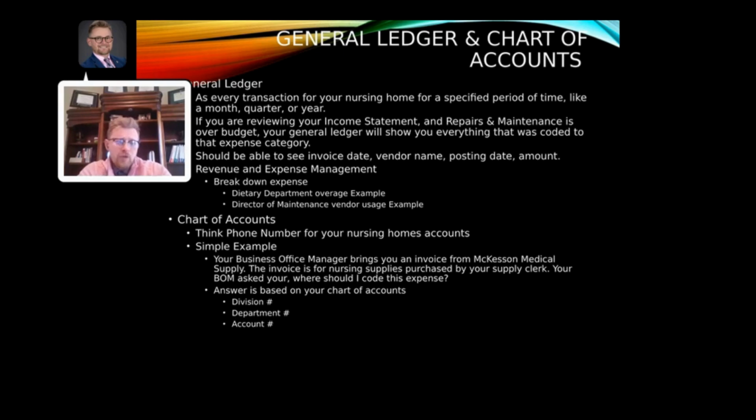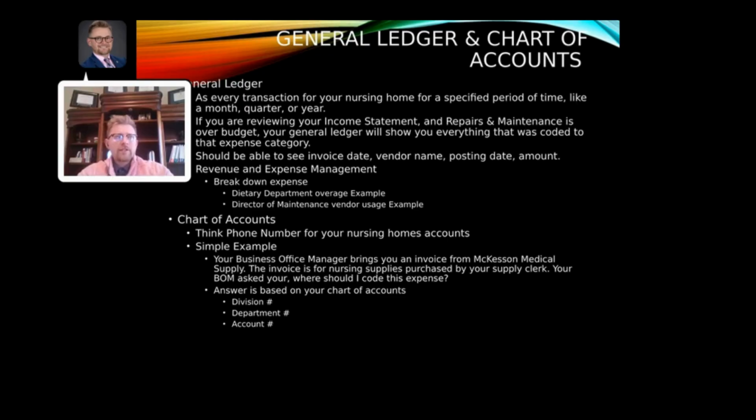If at the end of January you've spent 30,000 in raw food, you should be able to go to a general ledger and see every single transaction that made up that 30,000 that made its way to your income statement.